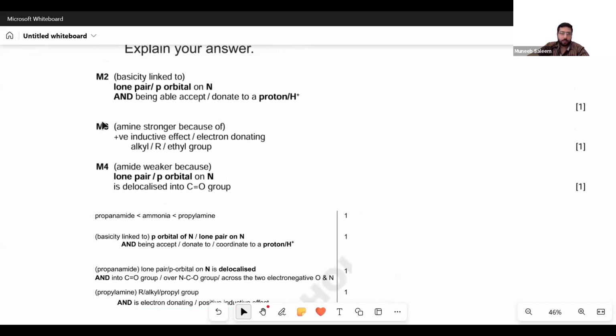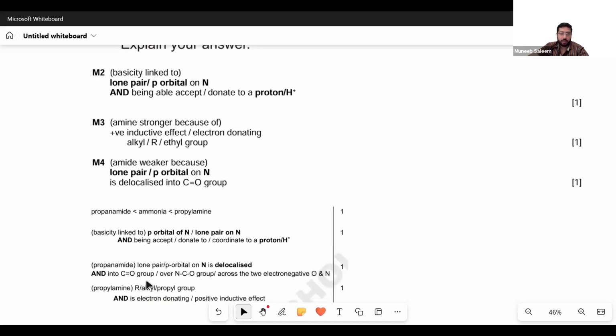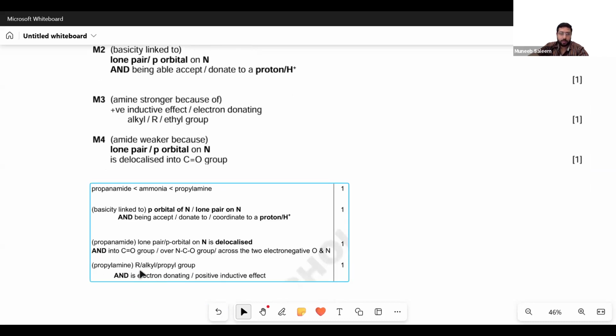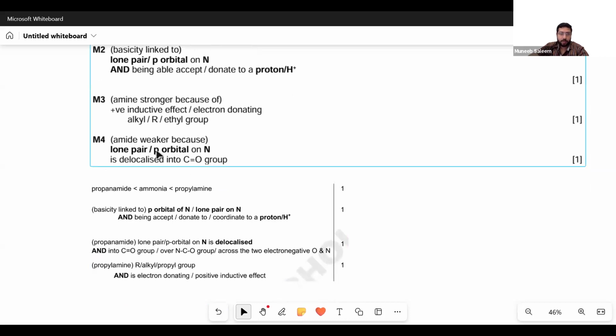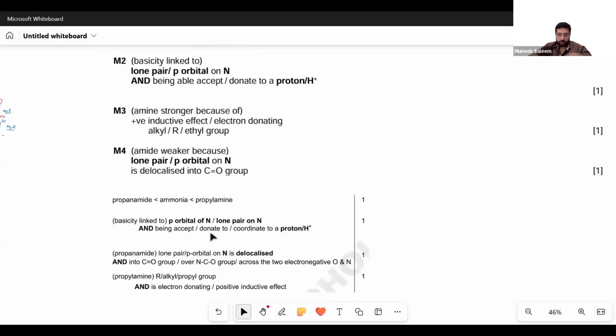Then the next mark is associated with the explanation for the alkyl amine over here, and similarly, the reason behind the basicity of alkyl amine. And then the reason behind the weaker basicity of amide is mentioned here, and similarly in this paper. So you can write these points in your answer as well.